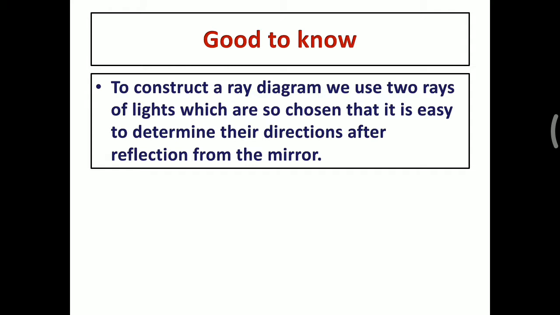But to construct a ray diagram, we choose only two rays instead of many rays. Why? Because it is easy to determine the direction after reflection from the mirror.